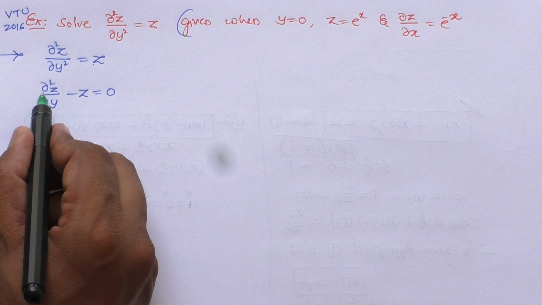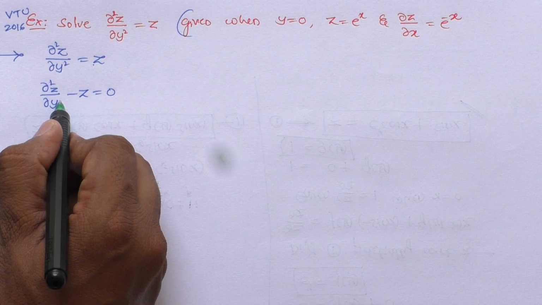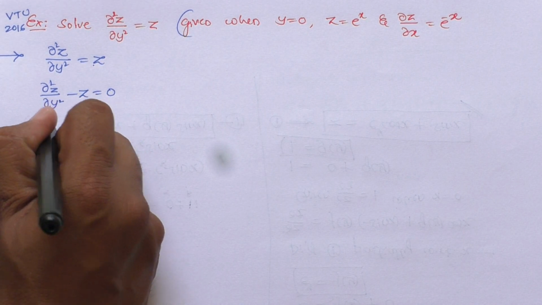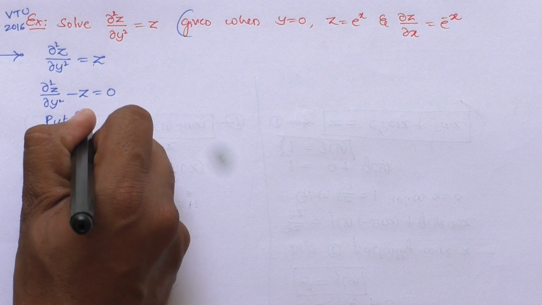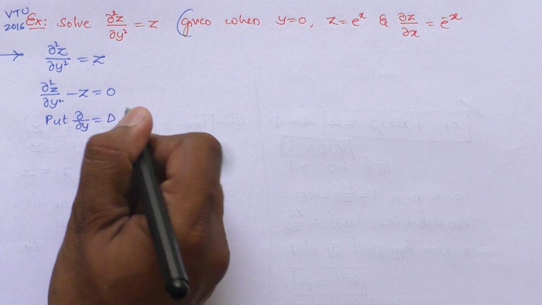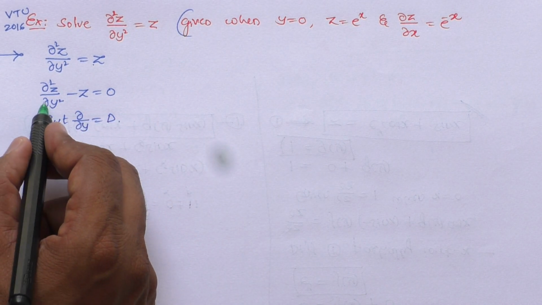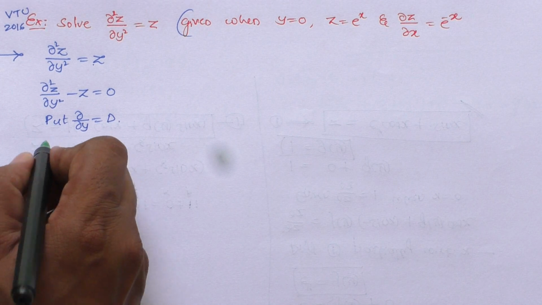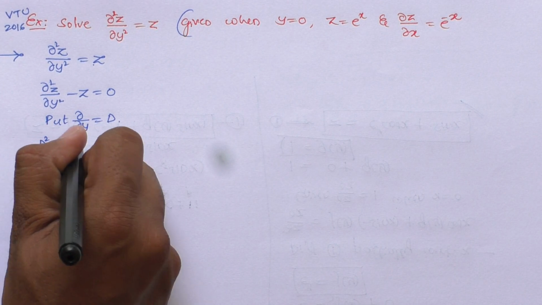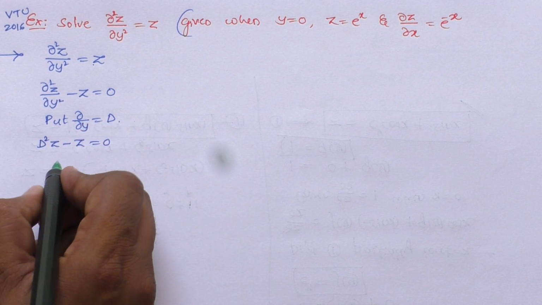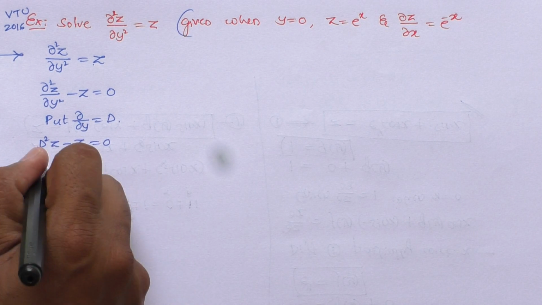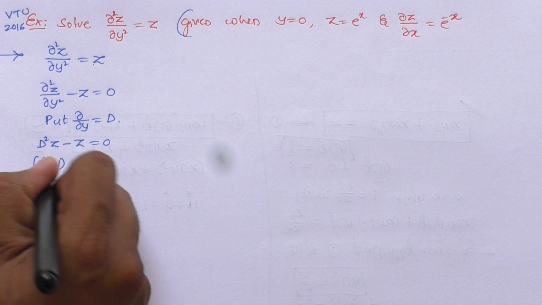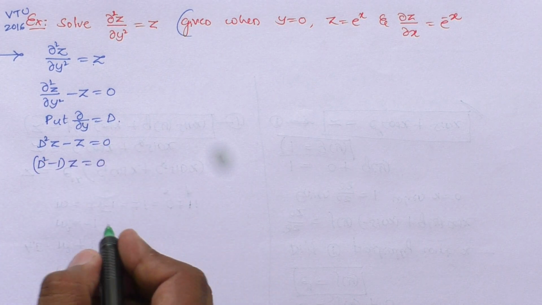So ∂²z/∂y² minus z equal to 0. So here the derivative is ∂/∂y. So put ∂/∂y equal to capital D. So if you substitute capital D, we get D²z minus z equal to 0. Or if you take z common, D² minus 1 into z equal to 0.